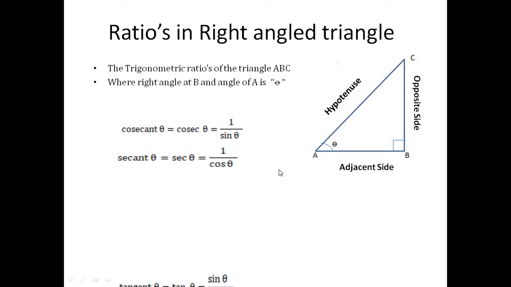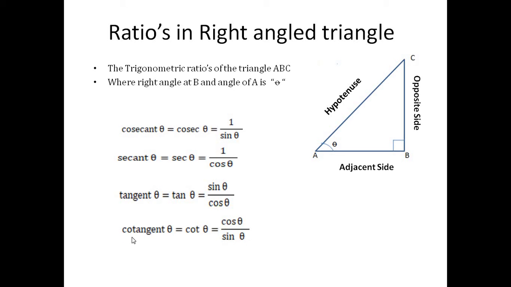Tan theta is sin theta by cos theta, and cotangent theta, we call it cot theta, is cos theta by sin theta. These are very important ratios which you need to understand before you go into the trigonometry chapter.